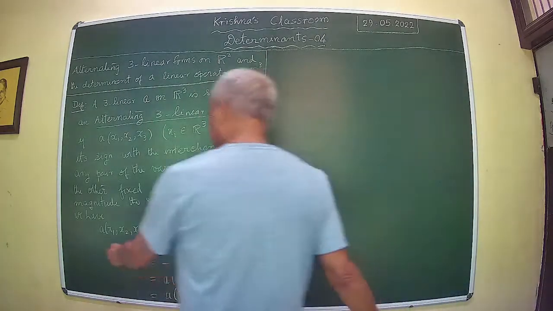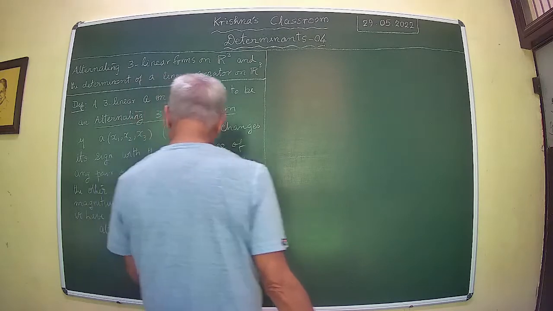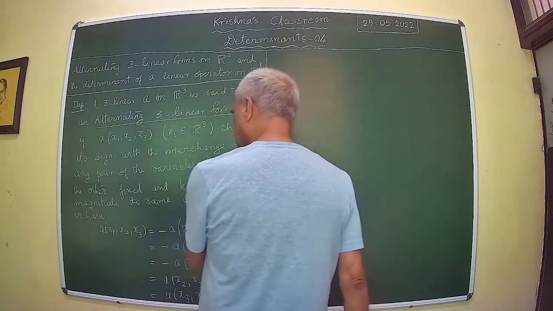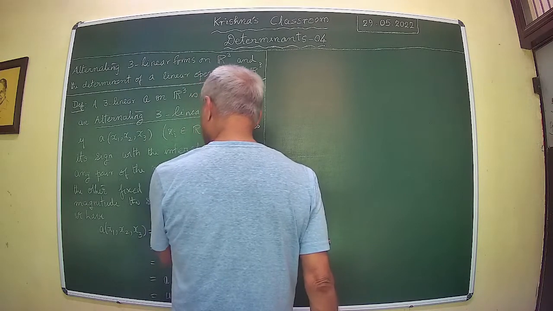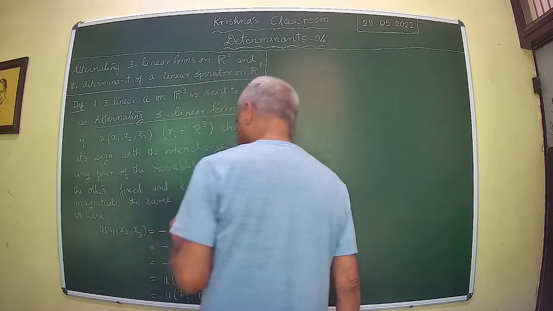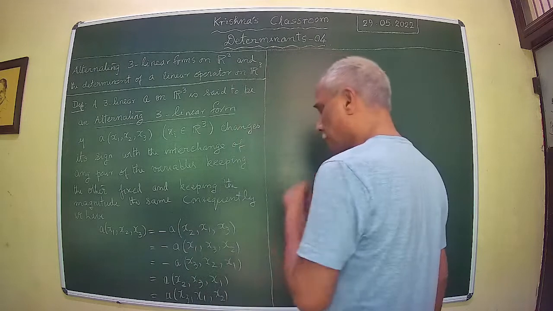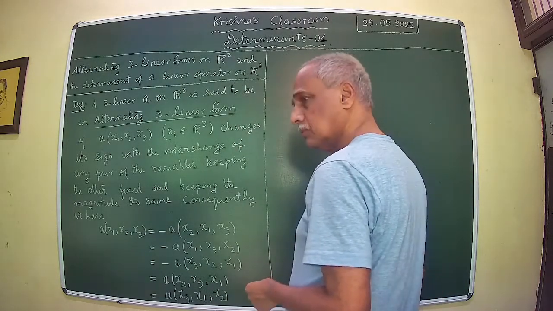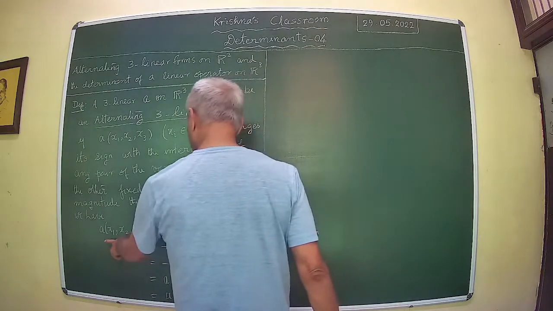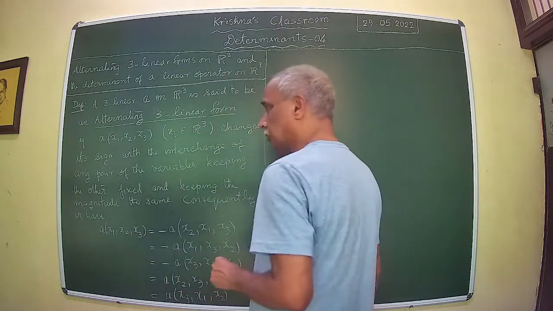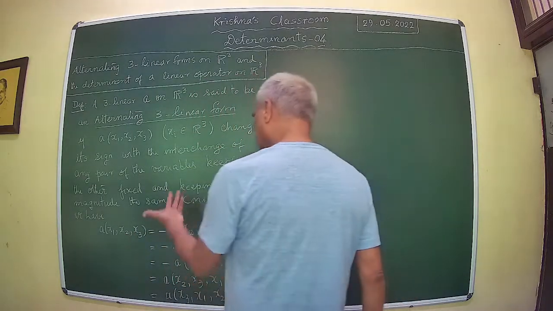So between A(x1, x2, x3) and A(x2, x1, x3), the x1 and x2 have been interchanged. x3 can be kept the same, fixed. Then what it says is that these two maps have the same value but with the opposite sign.